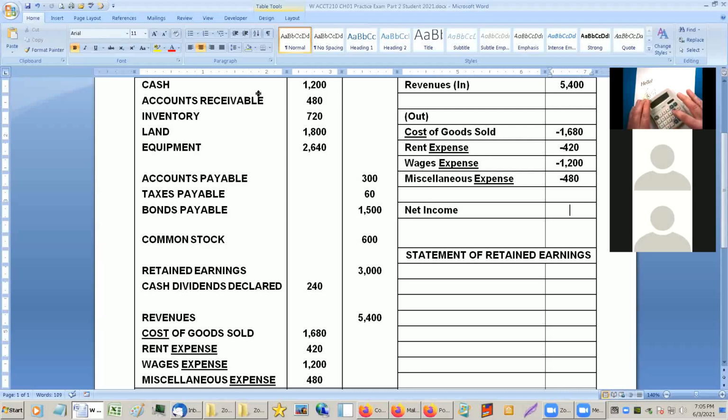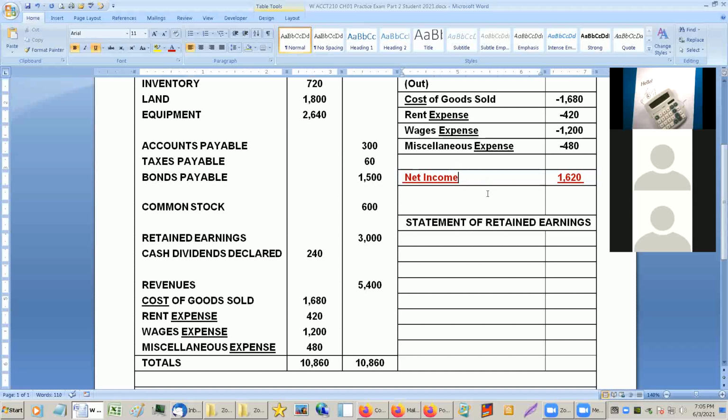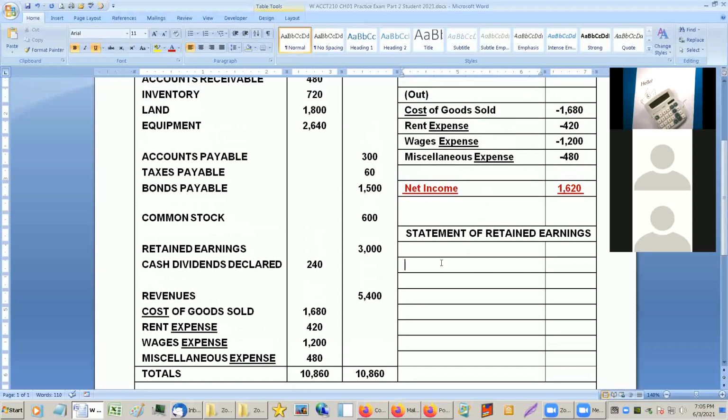Turn your calculator on before you write that down. $16.20. Is that what you guys got? Yeah, that's what I got. Okay, and then retained earnings.